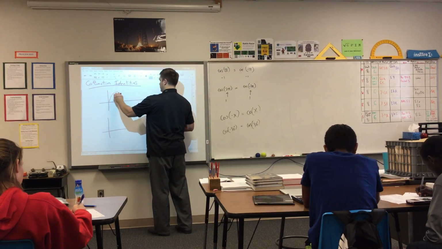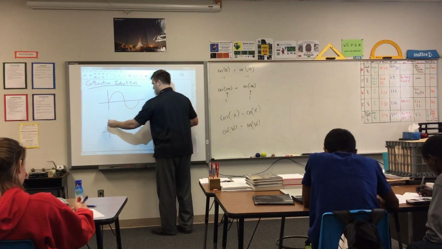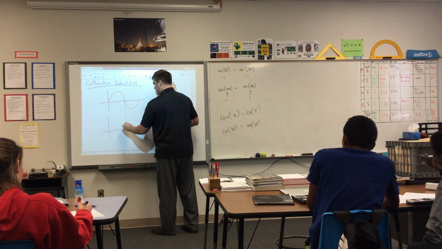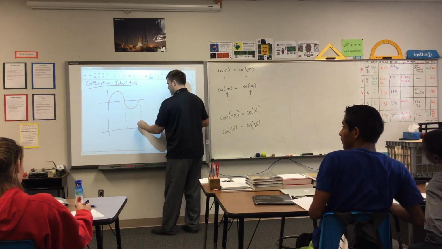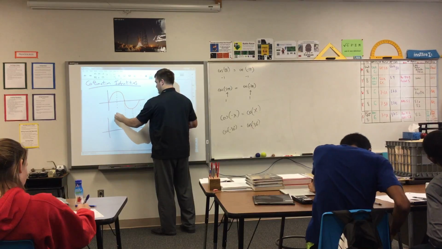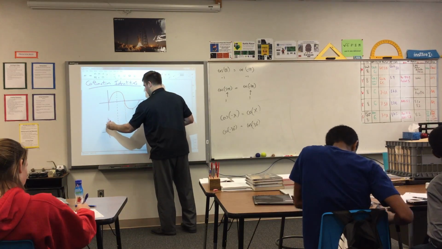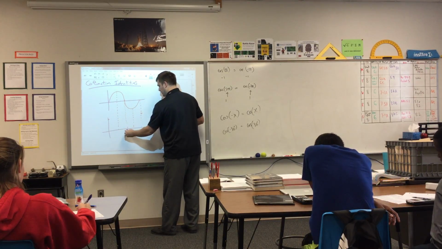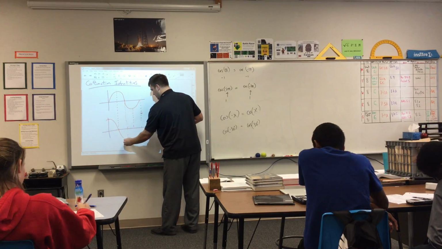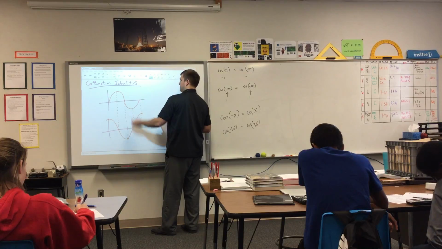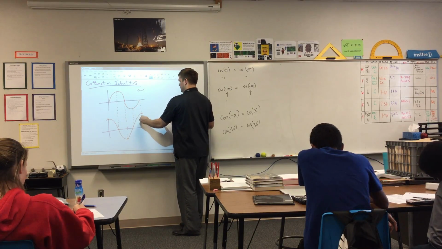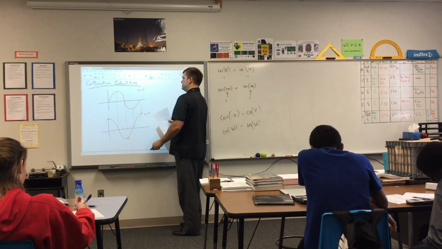So we're like total experts at this. Now the trick is you want to draw some vertical lines here so that we can match everything up. Okay, so start high, end high, middle low. So there's sine of x, here's cosine of x.